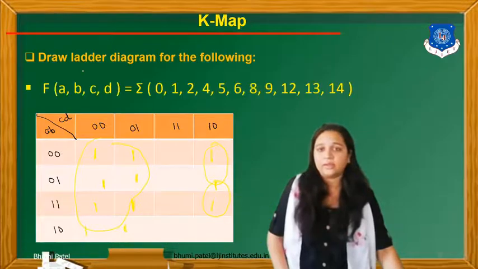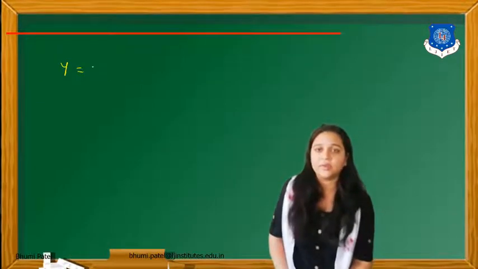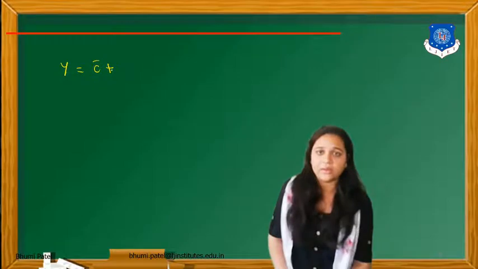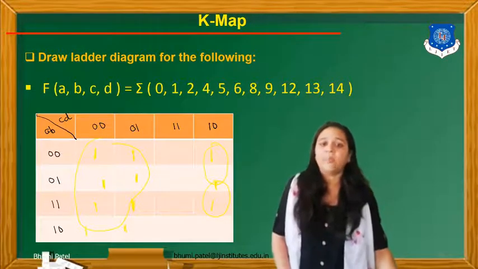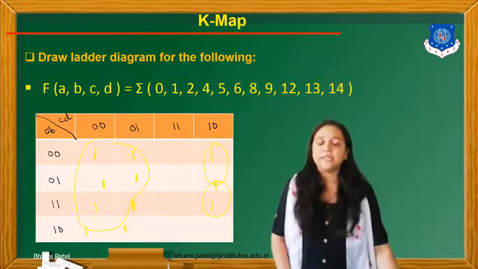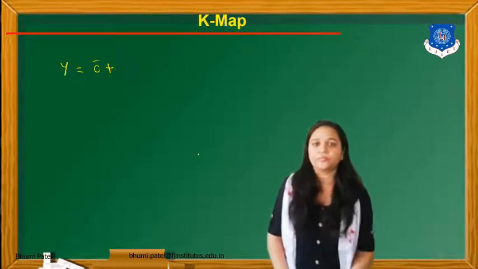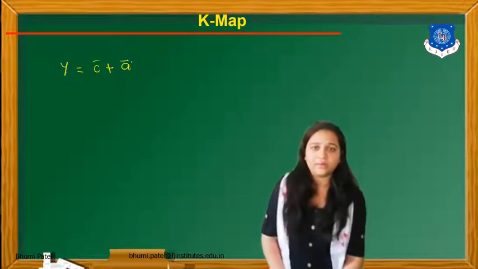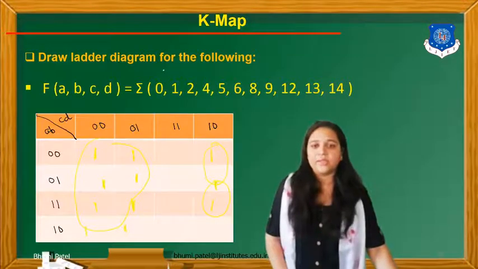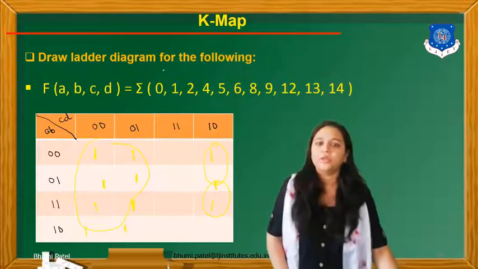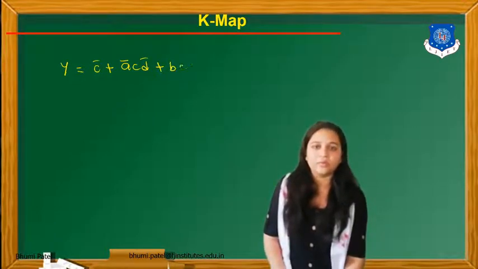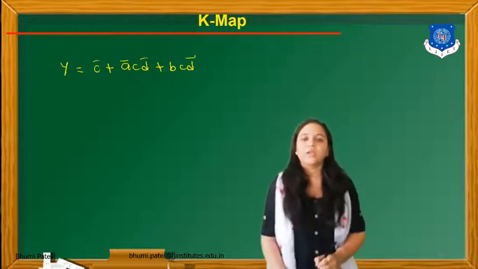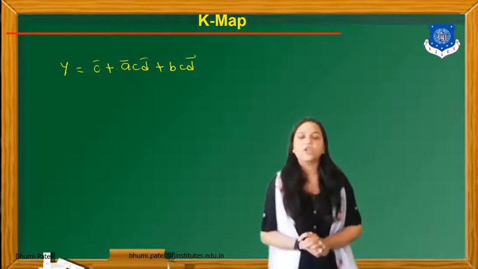Okay, so we can write here Y is equal to C bar plus, for the 2, 1 we can write A bar C B bar, plus the second pair is B C D bar. So this is the equation for this particular K-map.